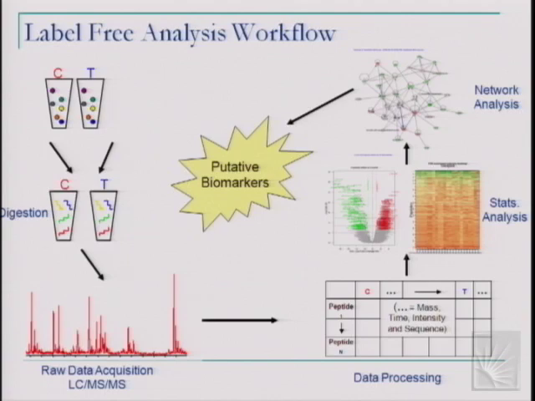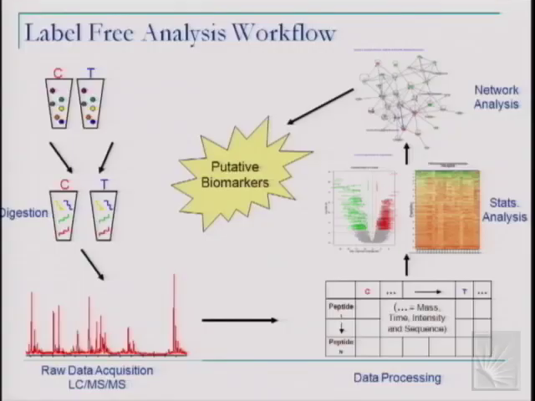With regards to the label-free analysis workflow, whether it be cells or plasma, each sample is individually prepared. For plasma, we do a top 7 or top 14 depletion of the most abundant proteins. For cells, we need to lyse the samples and then put them in a buffer that's amenable for solution-based digestion.